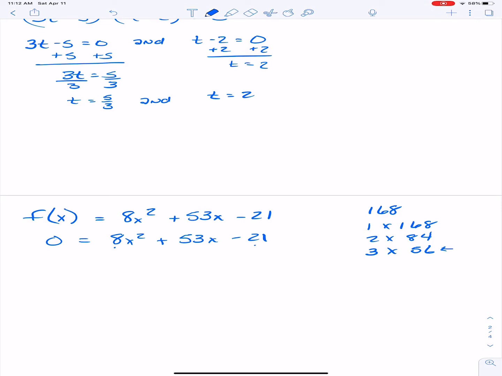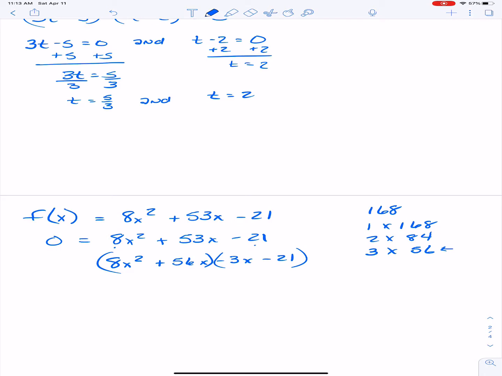So I'm going to stop there and check to see if that pair works. Okay, so here we go. I'm going to rewrite my equation. 8x squared plus 56x minus 3x minus 21. Okay, well, 56x minus 3x does give me 53x. So let's go ahead and group them and now factor them.